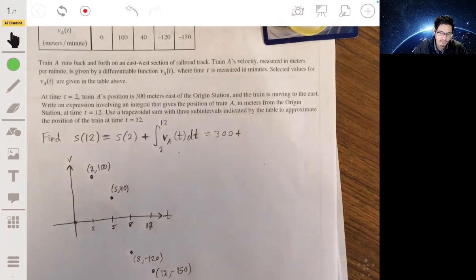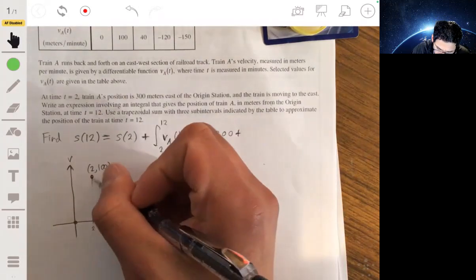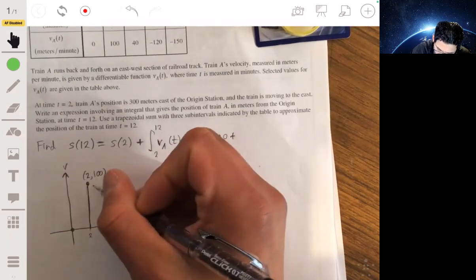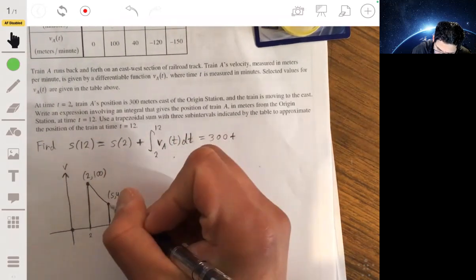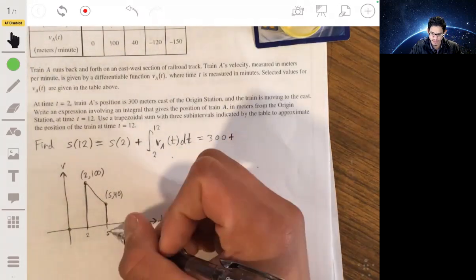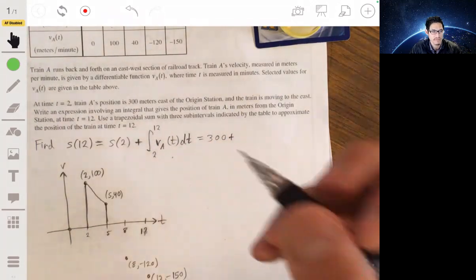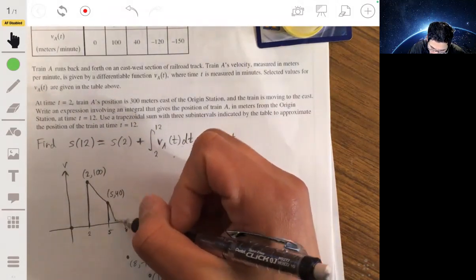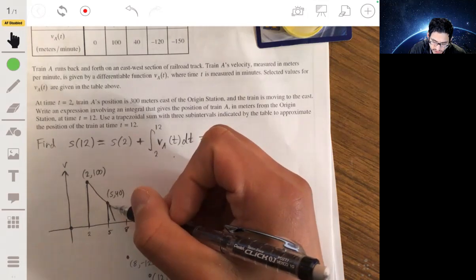The idea here is to calculate the sum of the trapezoids across these intervals. One of these trapezoids is going to look kind of strange, going from positive to negative.